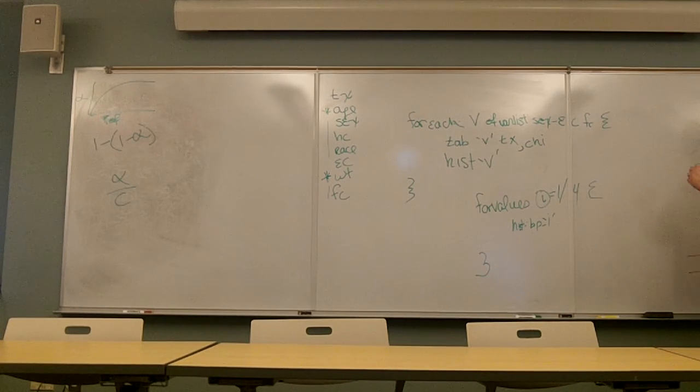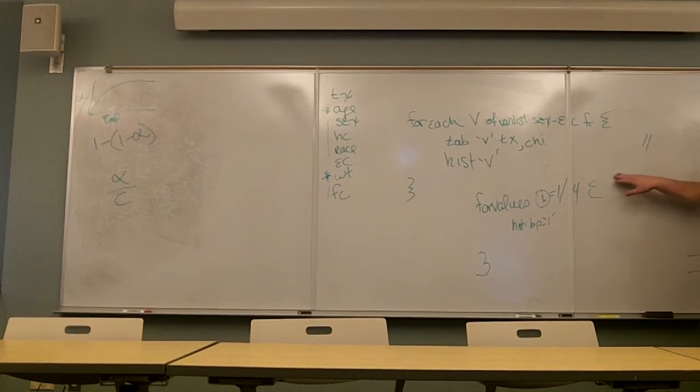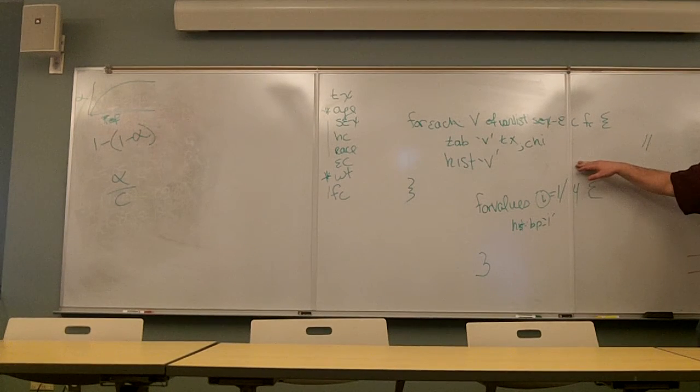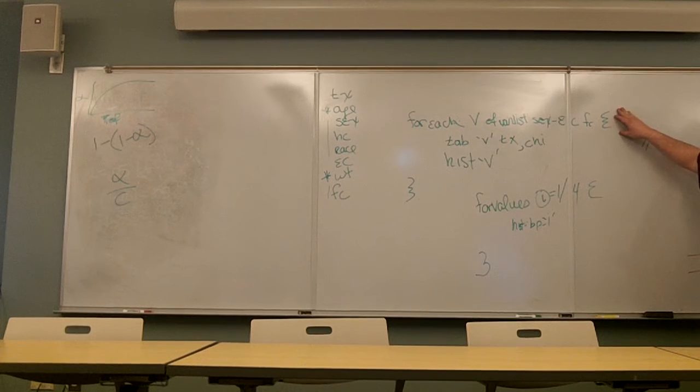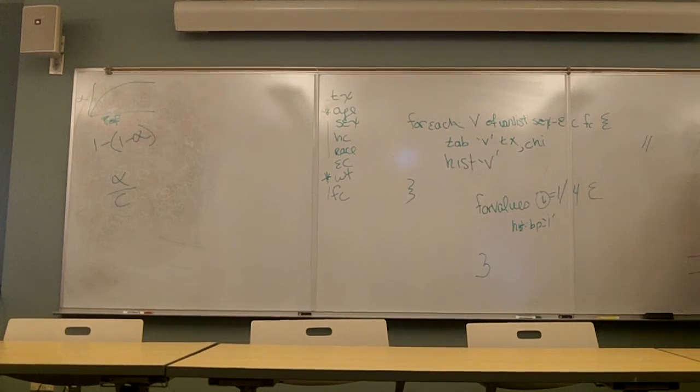What you can do in Stata is put // and it knows that you haven't finished your sentence. You can go to the next line, and then when you finally hit the carriage return without the //, it says, okay, I know that's a sentence.